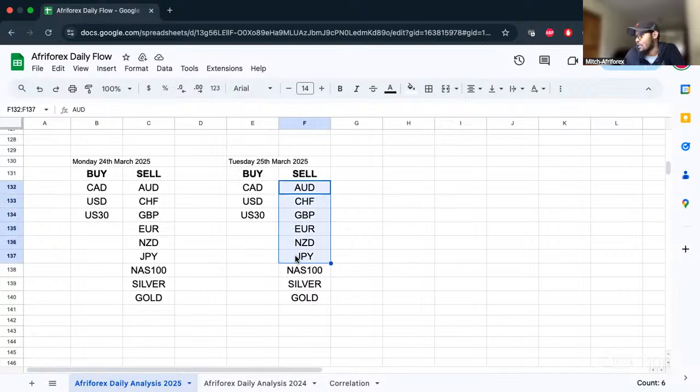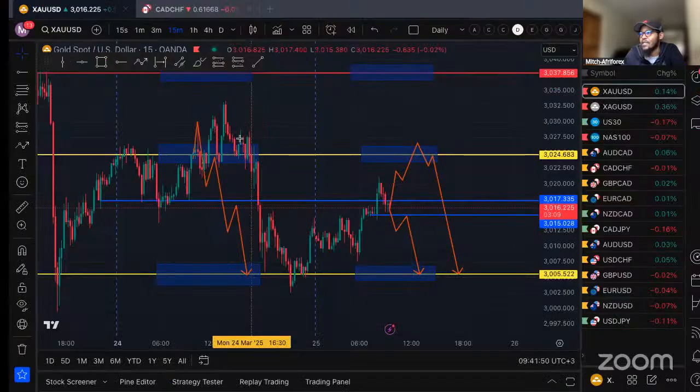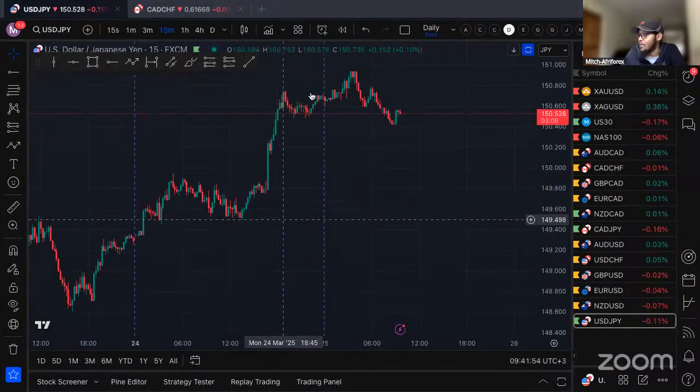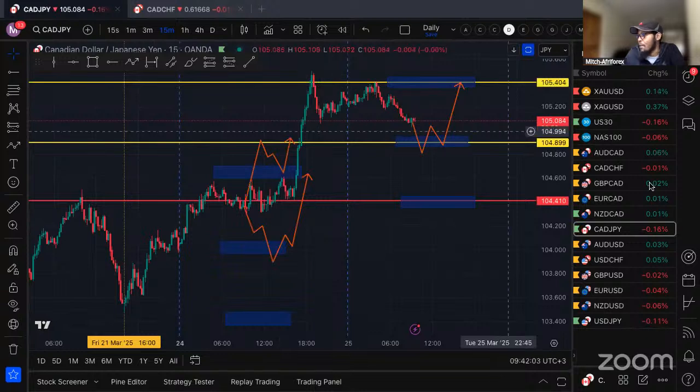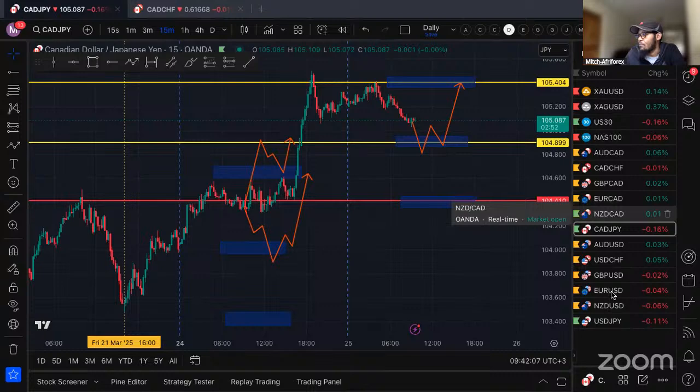Because even though they are also on the sell side, you'll find some are weaker than the others. A similar situation is something like the yen. If you compare how the markets moved, let's say, the US dollar against the yen, you can see how high it went to the upside. Similar situation with the Canadian dollar against the Japanese yen. It really did move very aggressively to the upside. But now if you compare with another pair, let's say, probably the Swiss franc.